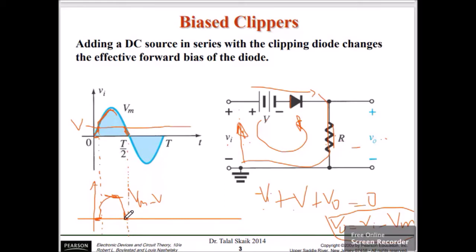Wala na namang output. Kasi baliktad na naman yung flow nito. Okay? So, itong line na to, kung nasaan yung Vm, siya yung magde-determine kung on or off ba yung ating diode. Okay? So, dito pa lang po tayo sa T over 2. Di pa po tayo nakatapos ng isang cycle.